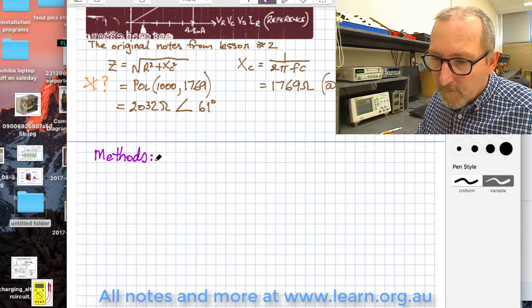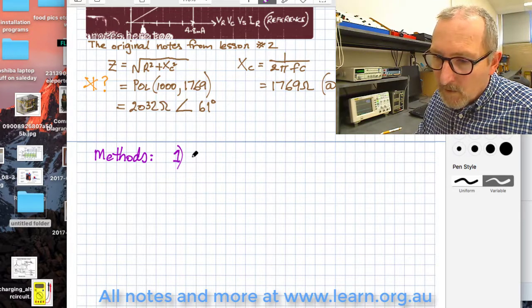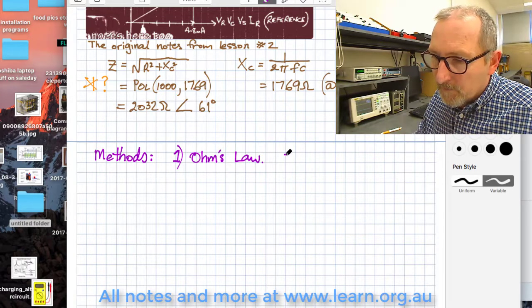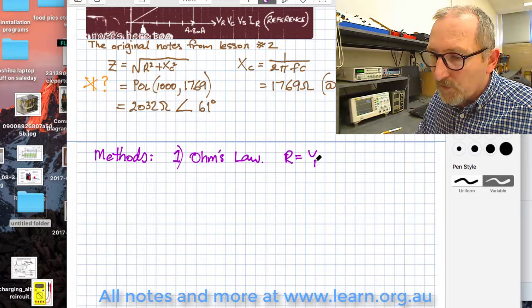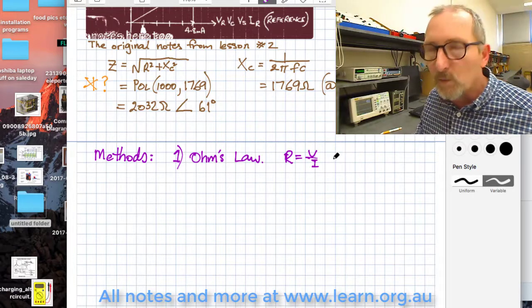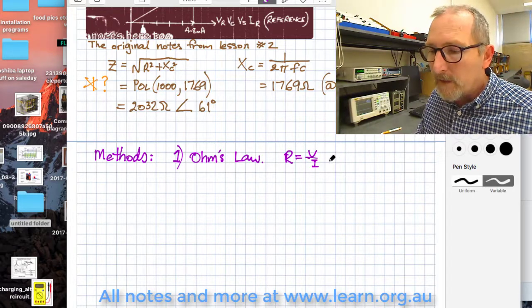Methods. Method number one: Ohm's law. We know that R equals V on I in a circuit, and in this circuit we know the total current, we know the total voltage.